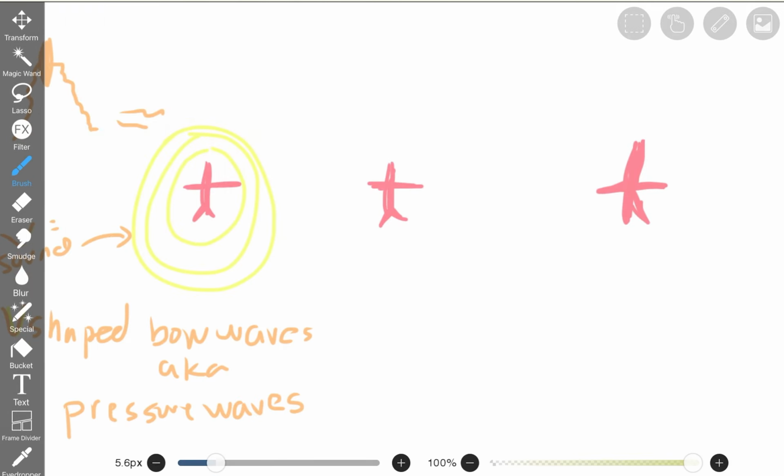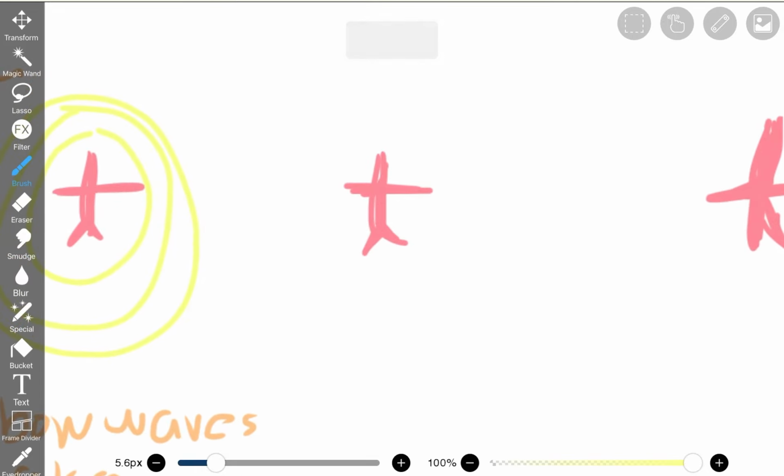Next, we're going to look at what happens when the plane is traveling at the speed of sound. So bow waves are going to equal the speed of the jet. Bow waves equal the speed of jet.